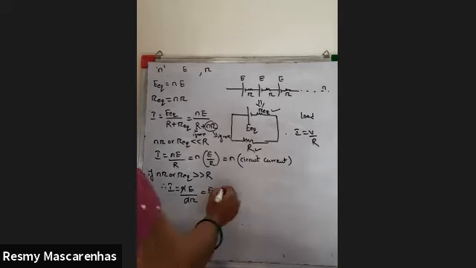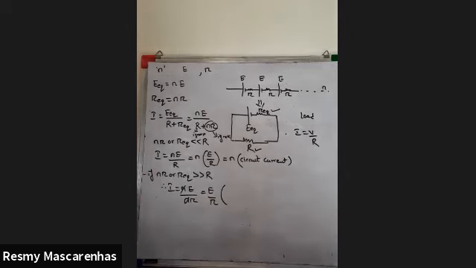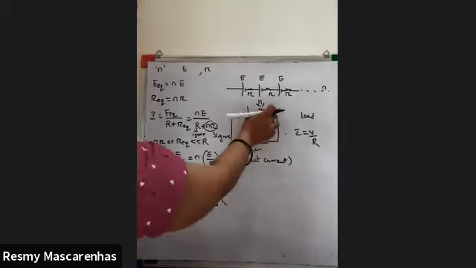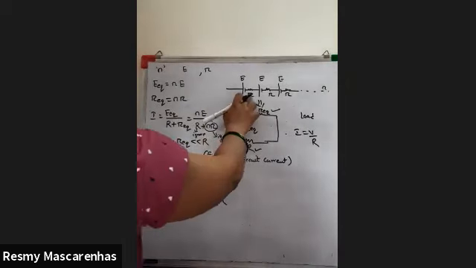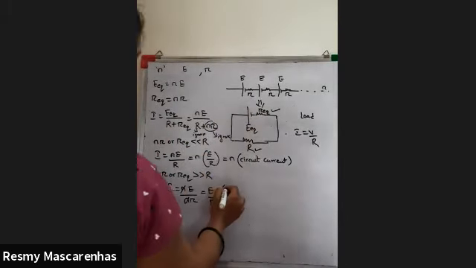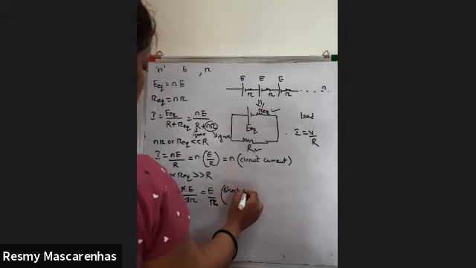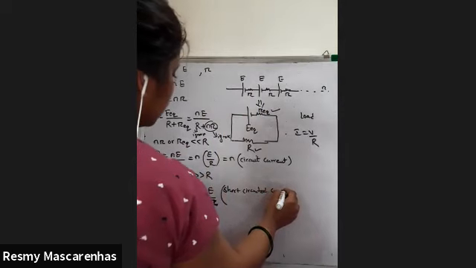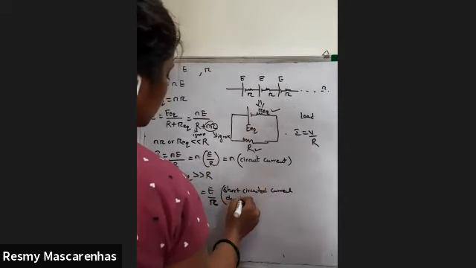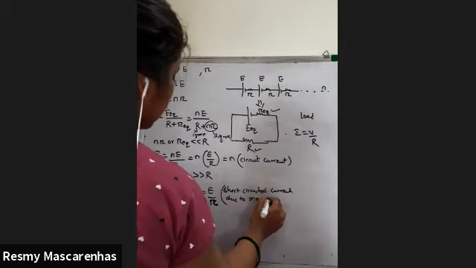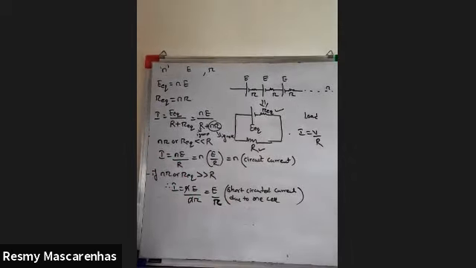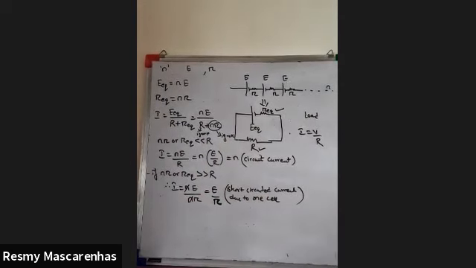And this is called the short circuited current obtained from one cell. I is equal to E by small r, where small r is the resistance of one cell. Short circuited current due to one cell.